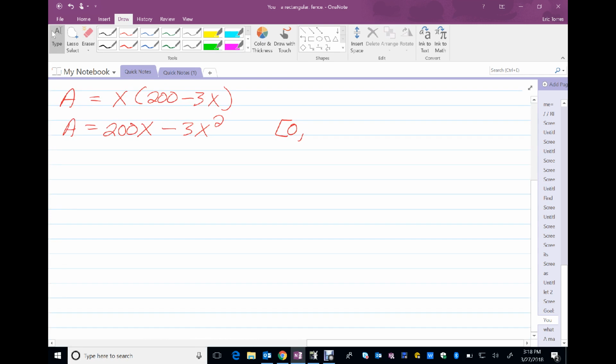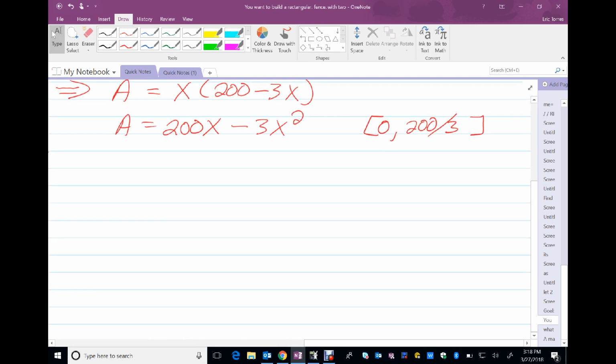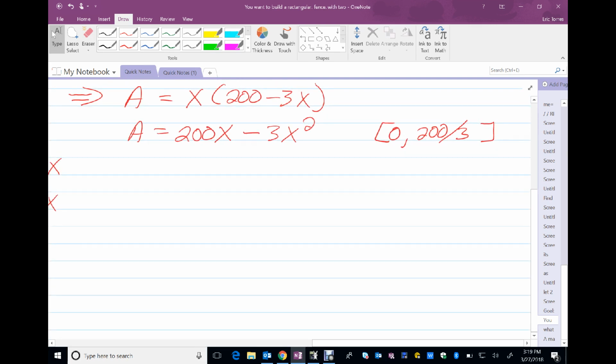So my domain is 0 to 200 thirds. And I'm going to leave it as an exact value. It's easier for finding global mins and maxes.